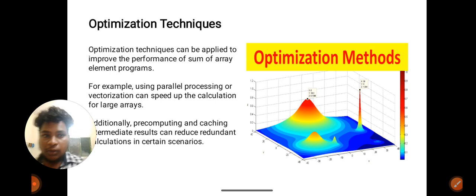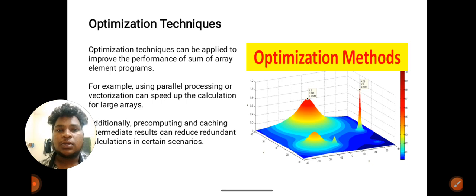Optimization techniques. Optimization techniques can be applied to improve the performance of the sum of array elements program. For example, using parallel processing can speed up the calculation for large arrays.